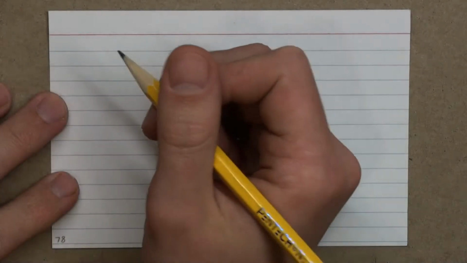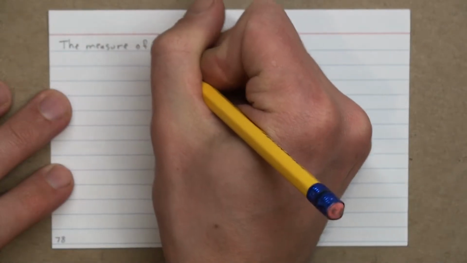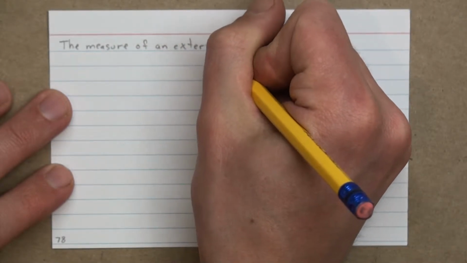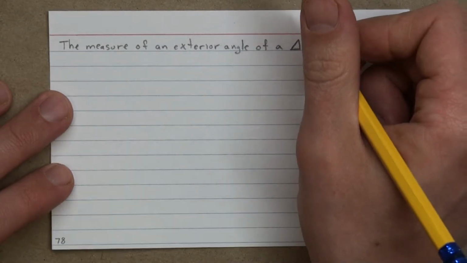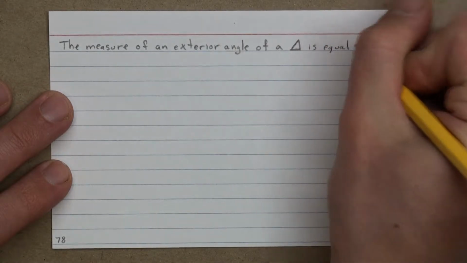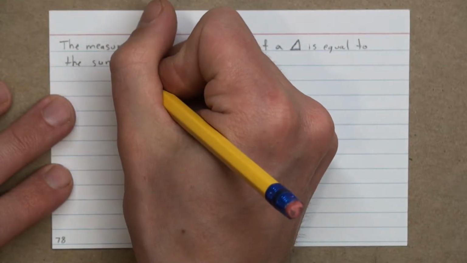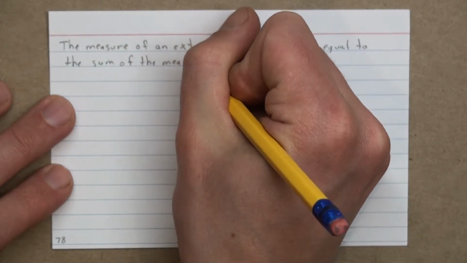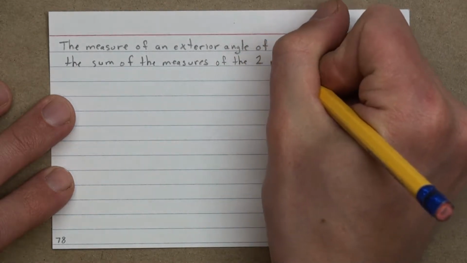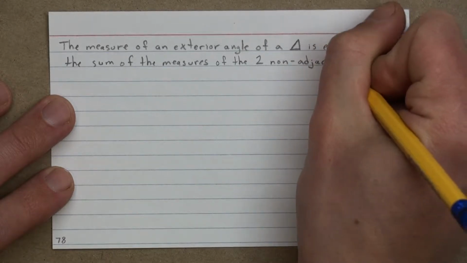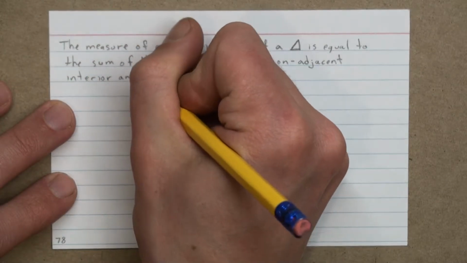Okay, this is another important theorem. The measure of an exterior angle of a triangle is equal to the sum of the measures of the two non-adjacent interior angles.